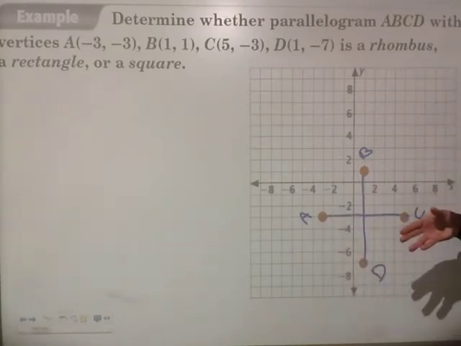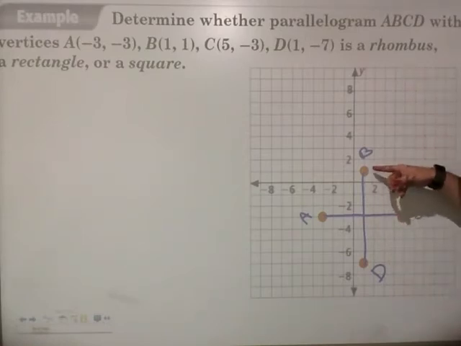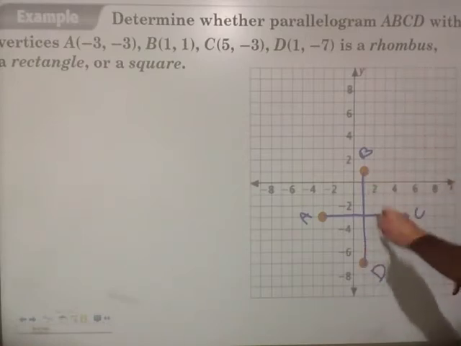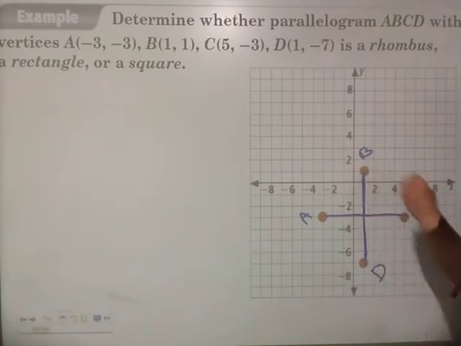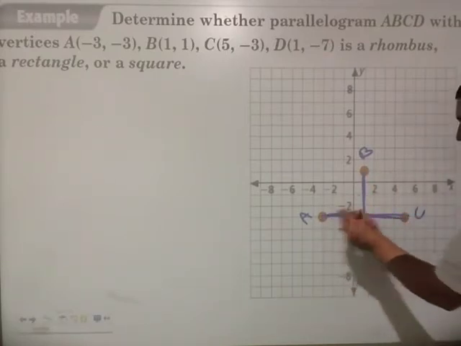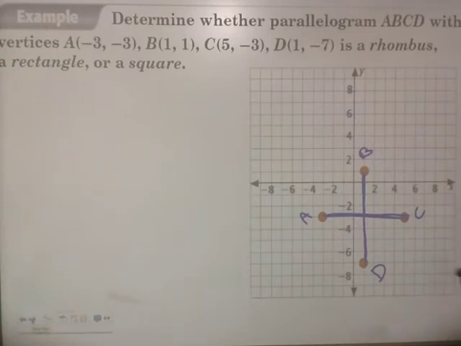I can check that: B to D is a straight vertical line, and A to C is a horizontal line. So I know they're going to intersect at 90 degrees.